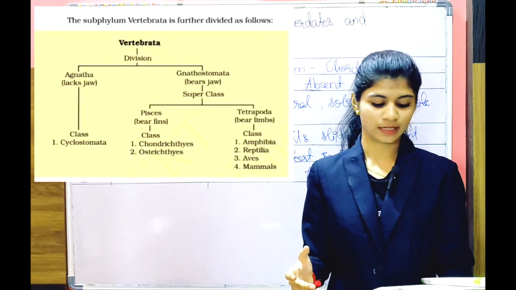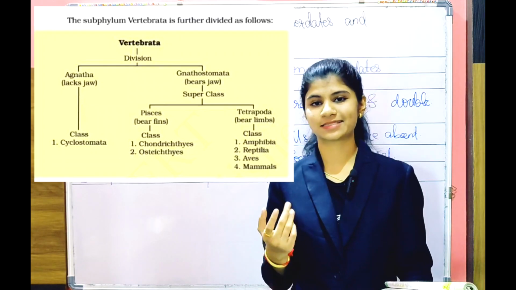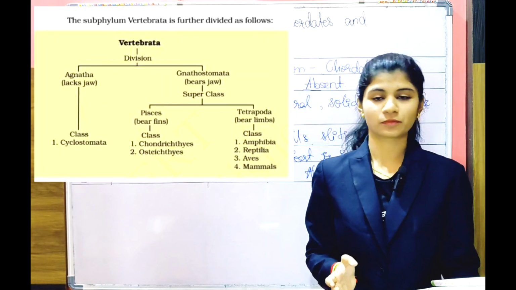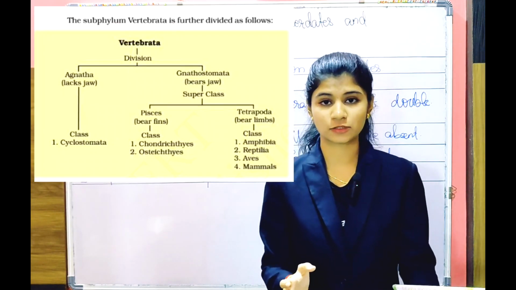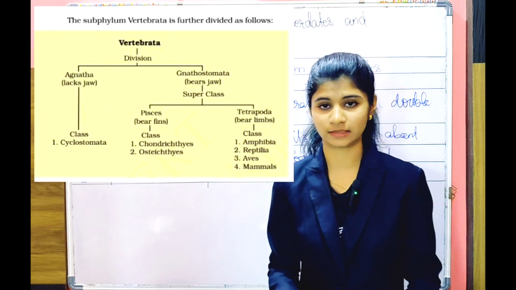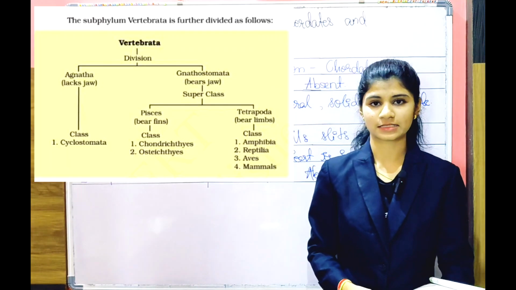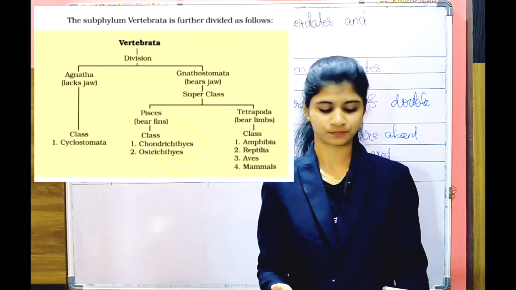Gnathostomata bear jaws, which means the jaws are present. This is known as a superclass; why, I'll explain later. In this superclass, there are two types mentioned.